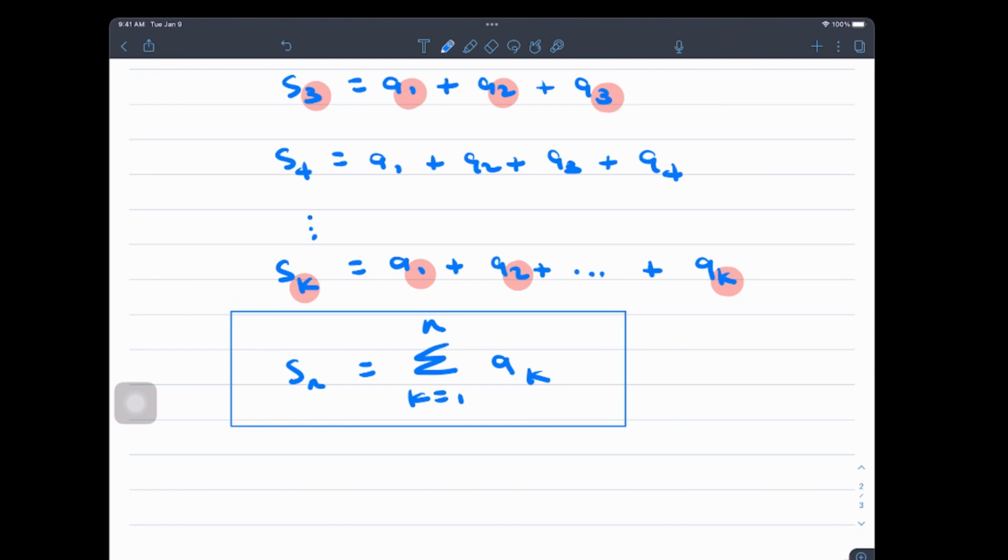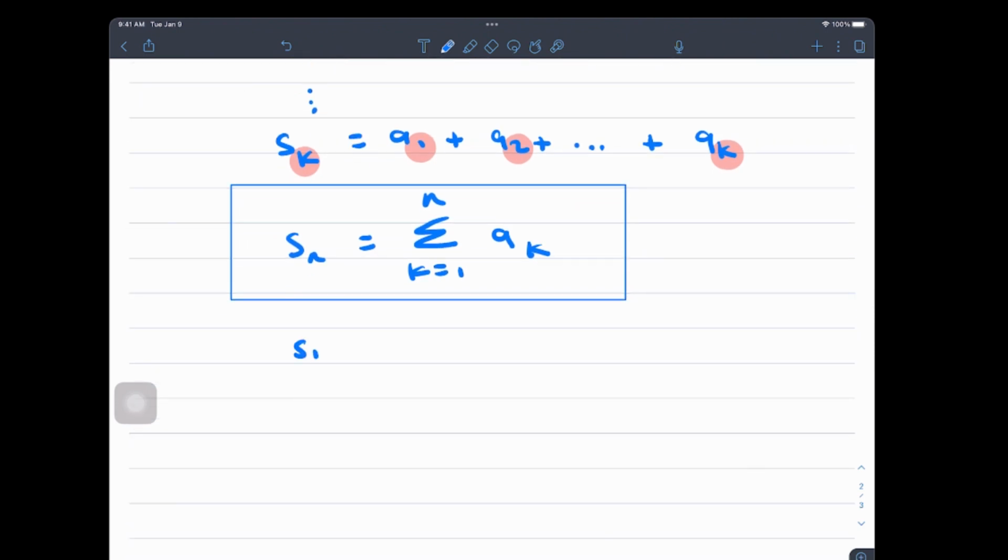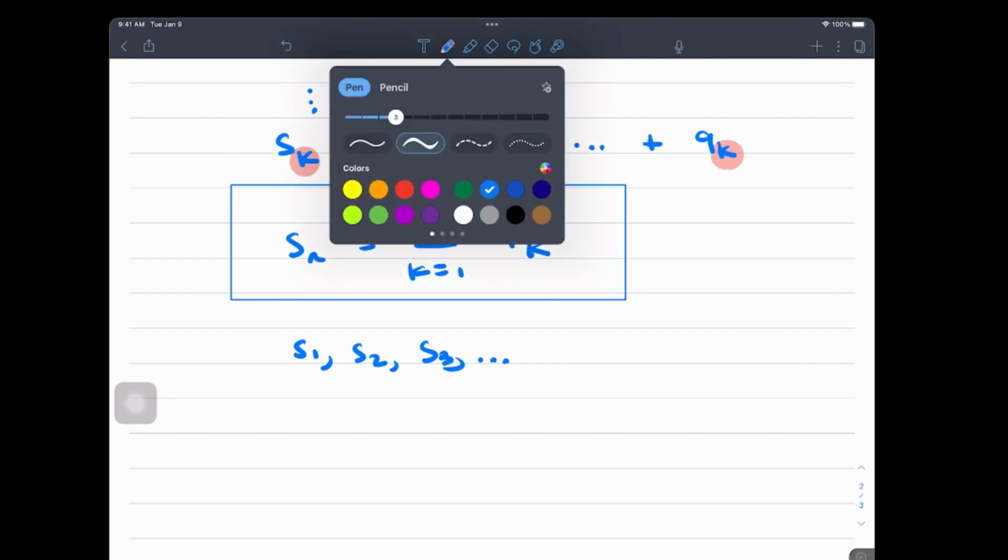And what you obtain is this sequence S1, S2, S3, really up to S, whatever you want, Sk, Sn, doesn't matter. This is going to go on forever. Okay, this is going to be that infinite sequence here.